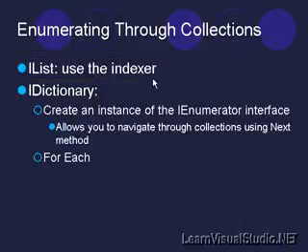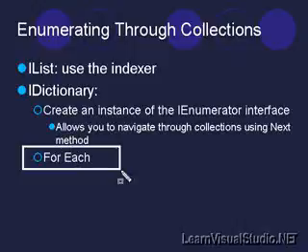You can simply use the indexer, the order in which you added them into the collection to begin with. So you can use item 0, item 1, item 2, and that's how you can enumerate through them. Of course, you can enumerate through both IList and IDictionary collections by using, and what we'll use most often, the foreach statement.